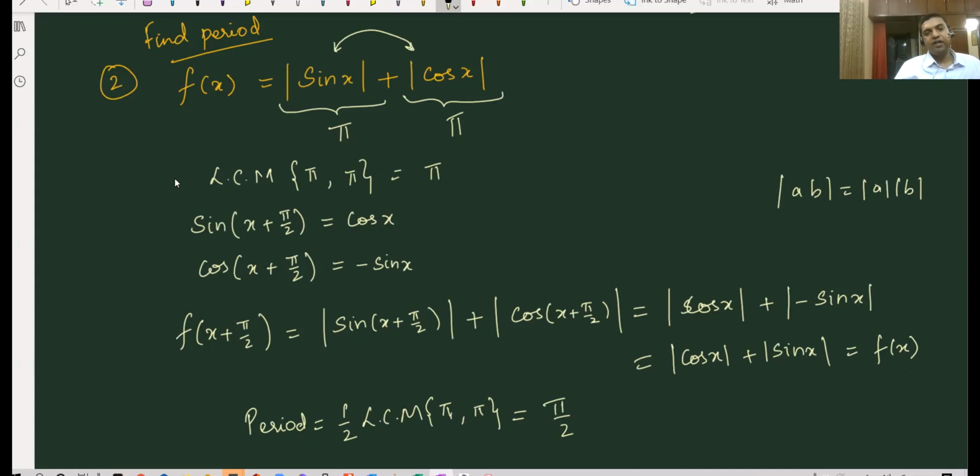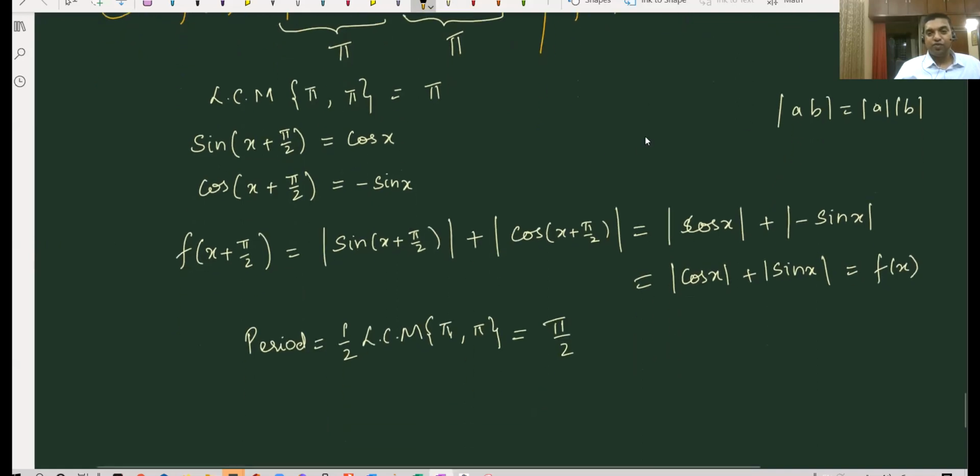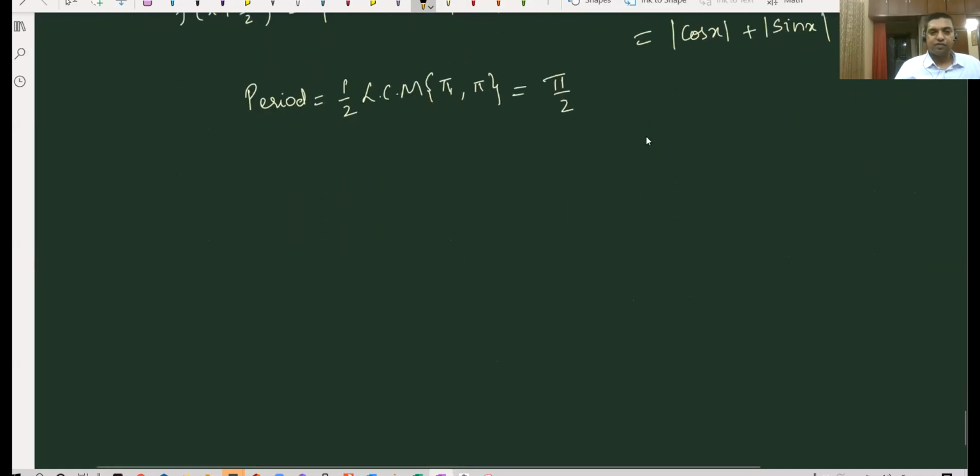All right. Exactly the same reasoning for this question. f of x is sine power 4x plus cos power 4x. Of course, there is an alternative to do this. I'll show that alternative also. Period of sine power 4x plus cos power 4x.